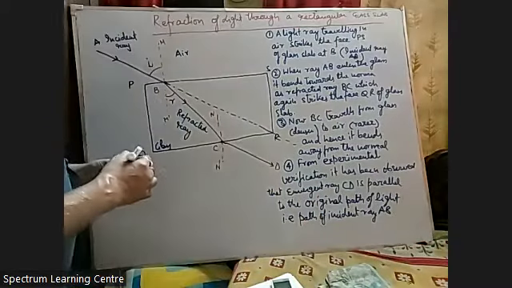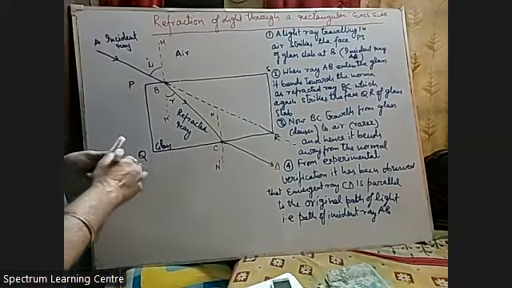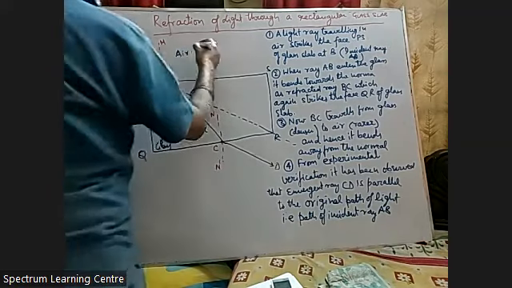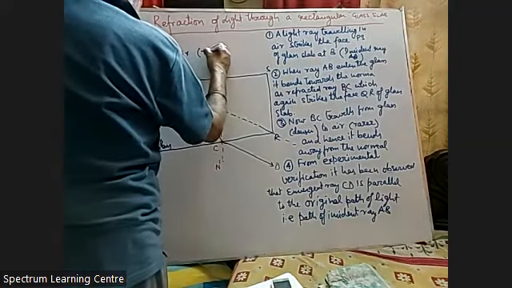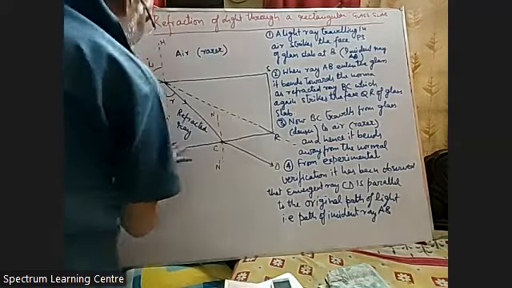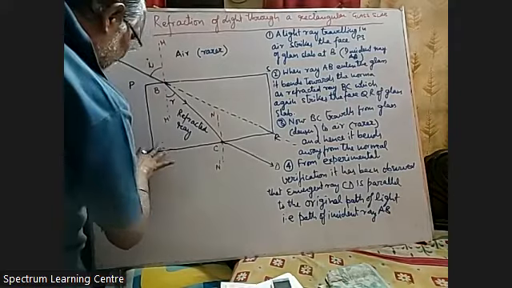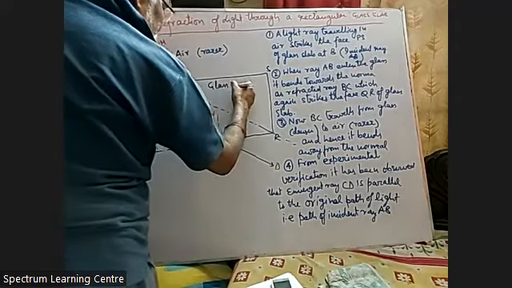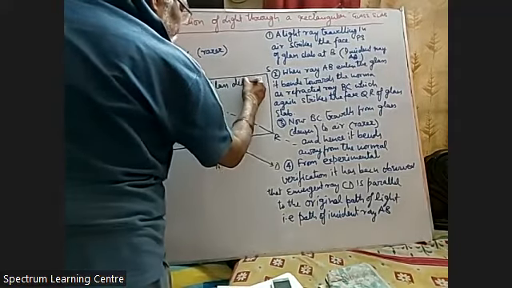Okay, now let me explain. See, this is air, rarer medium. This is, now I can write it here, glass, denser medium.